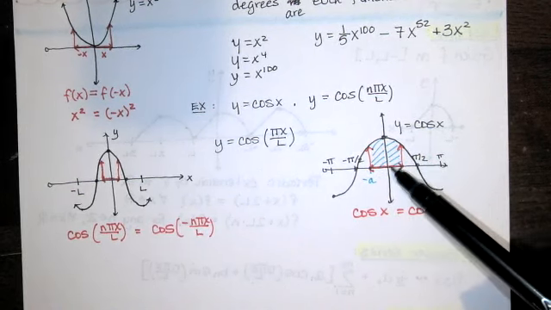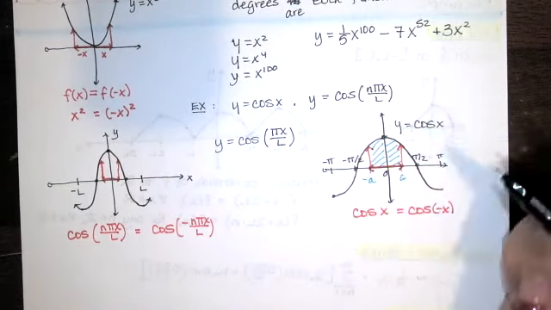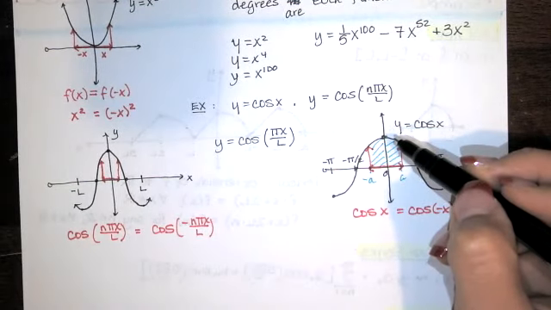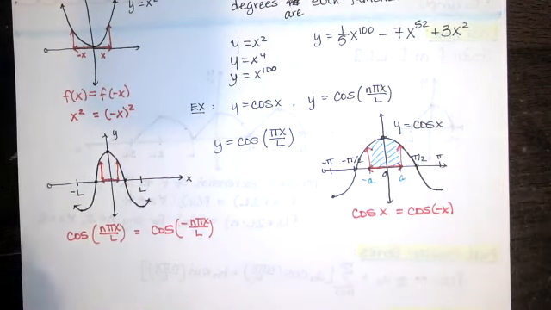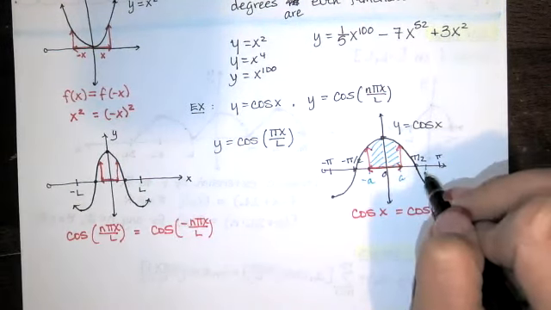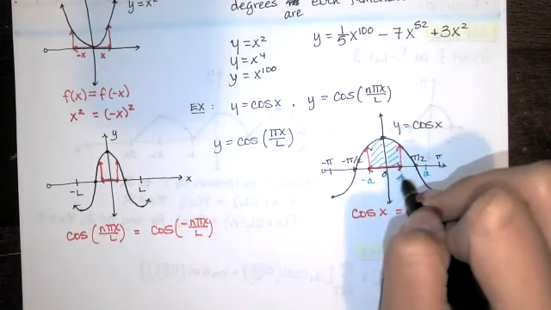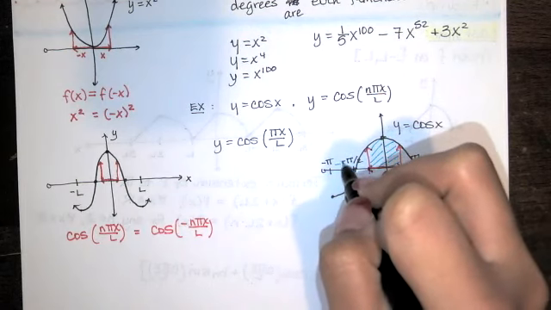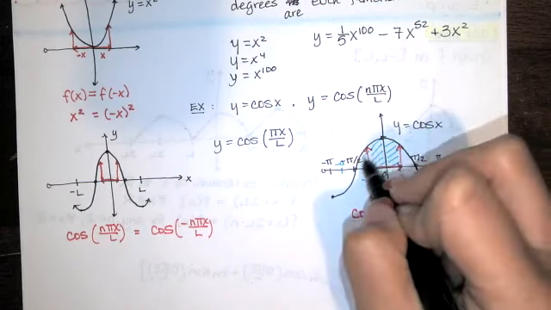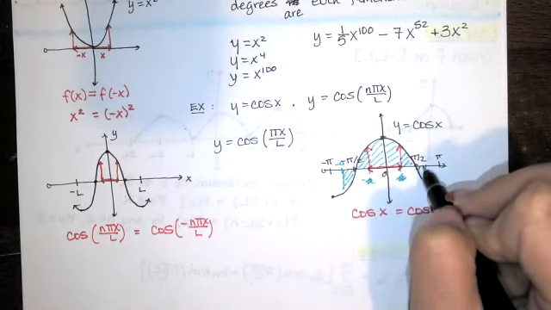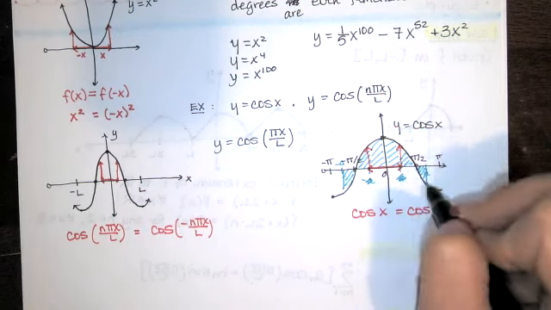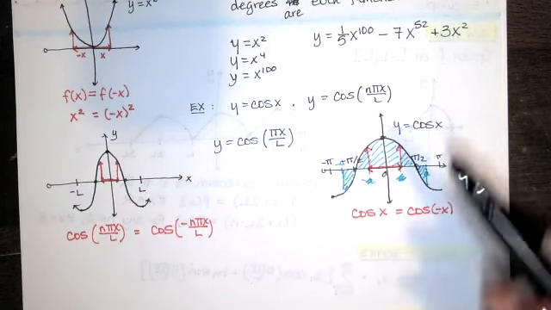Because of the symmetry, the net area, the area between the function and the x-axis, let's say we went out over here. Maybe this is our a. So I'm looking at this area versus that area over here.